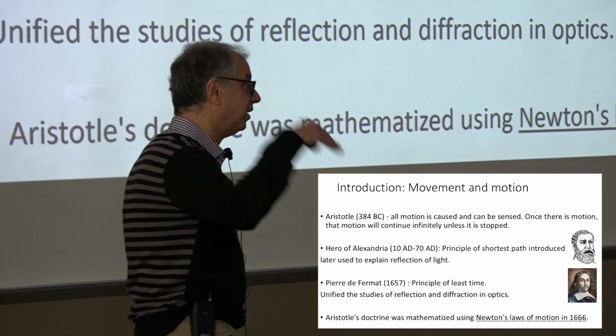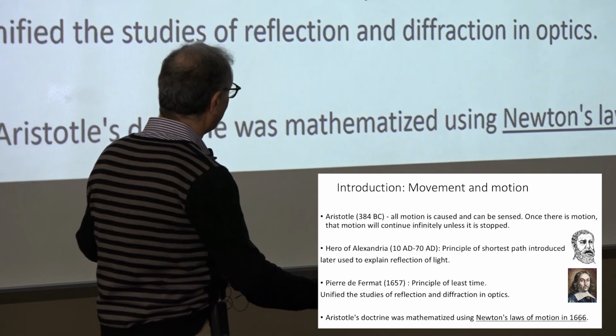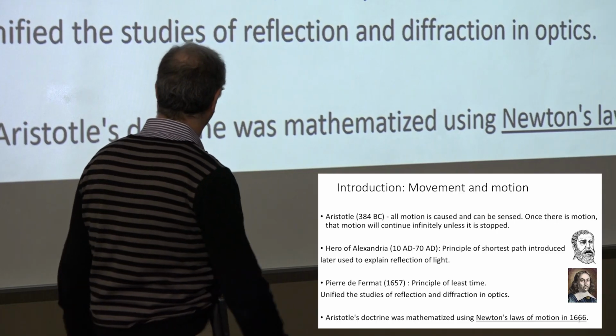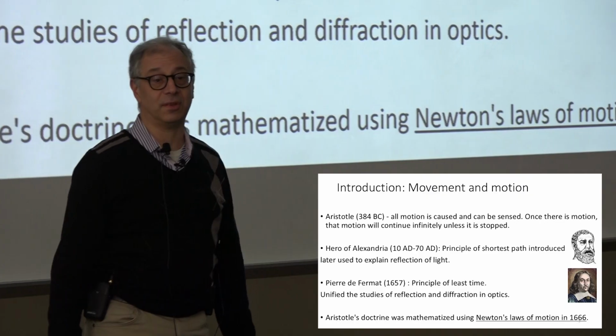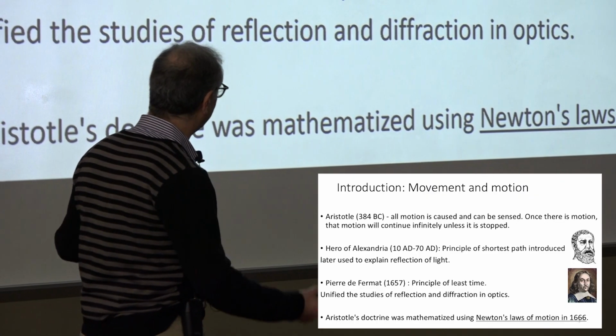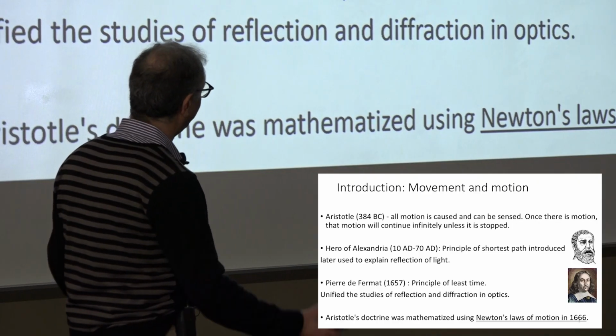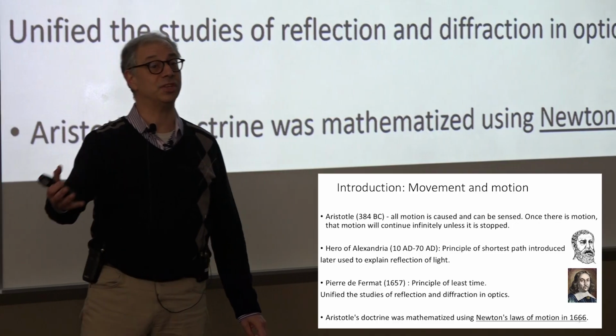In fact, diffraction in a medium is quite different than reflection. And at the same time, in the same era, Aristotle's doctrines were mathematized by Newton's law, at least the first law. And so clearly there is some connection between mathematization, optimization, and how nature seems to work. And we would like to see whether these ideas can be juxtaposed to plants.